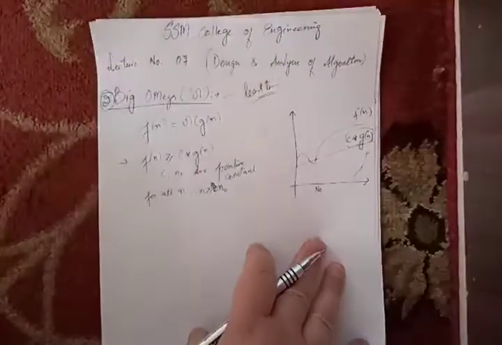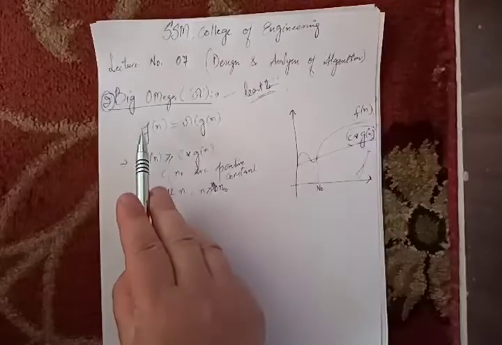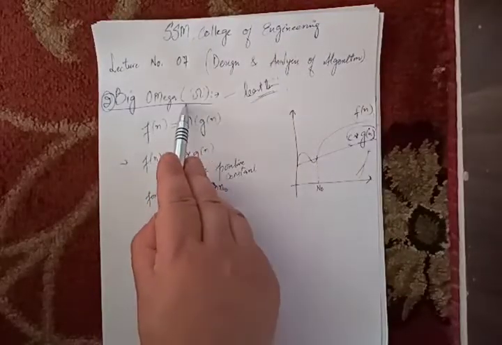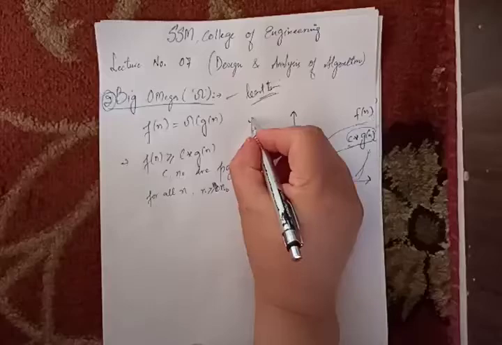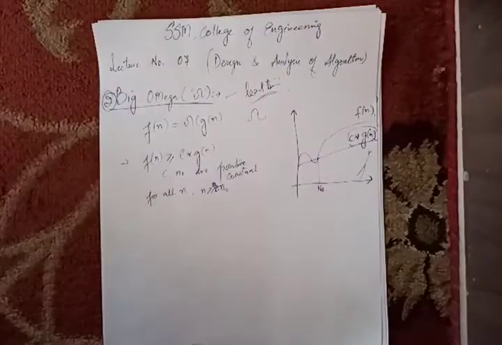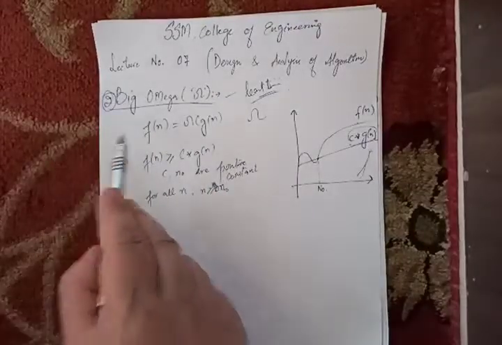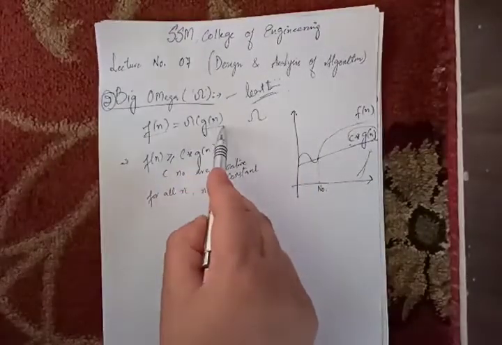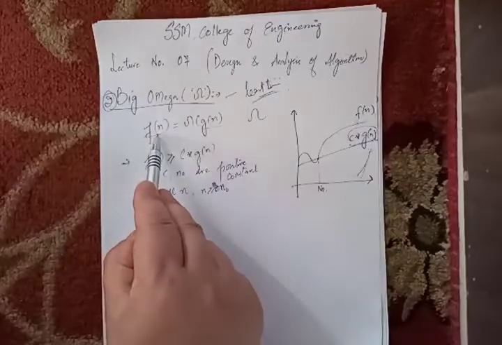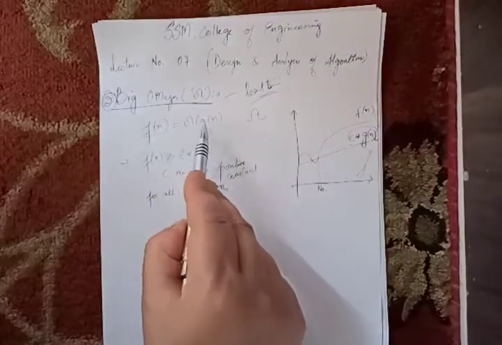Okay, and according to the definition we can say that f of n is equal to omega of g of n, where this is the omega symbol which we use in order to represent big omega. Consider two functions, f of n and g of n.